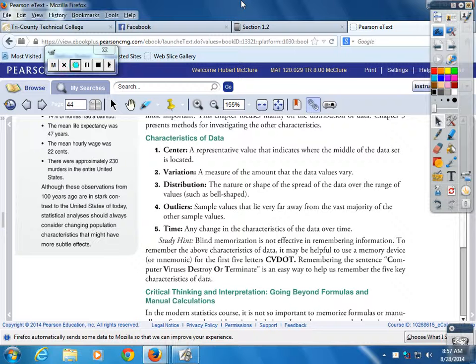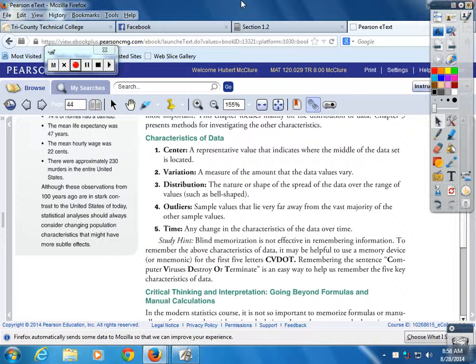Variation, the best way to explain variation is a straight line versus a sine curve. A straight line goes like this. A sine curve goes like this. Variation is going up and down, up and down, up and down. So if you've got a survey or data and it's going all over the place, then you have a lot of what? Variation. If your survey is the population of Tri-County Tech, human or reptile?